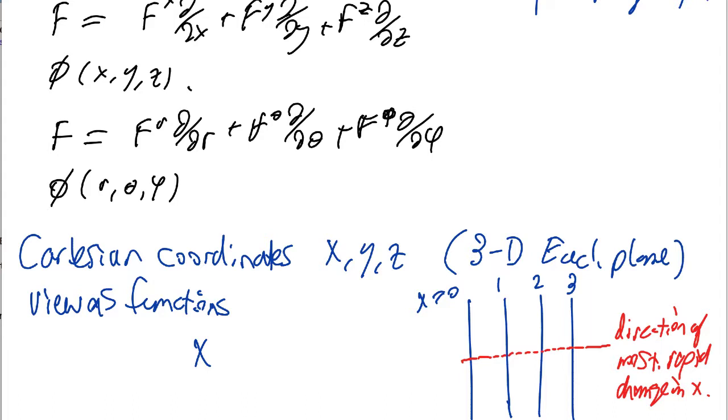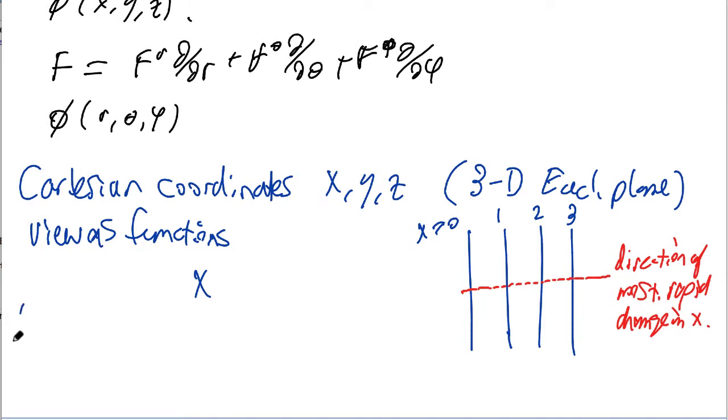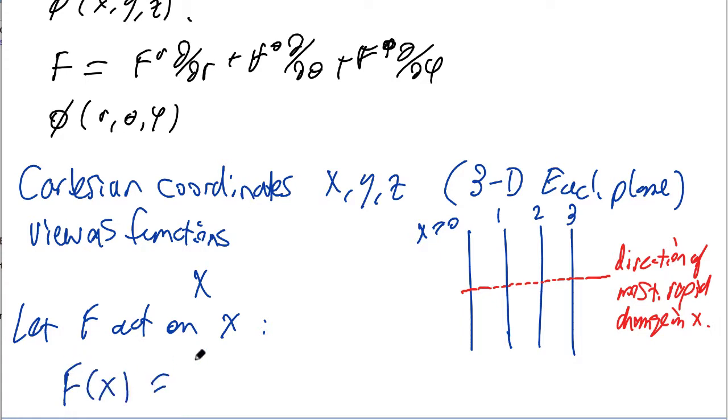All right, so this is a function on space, and we can let the force vector act on that function. So we'll let f act on the coordinate function x. And what do we have? Well, let's expand f in terms of the coordinate basis. So this is the sum from 1 to 3 of f^i d by dx^i acting on x.